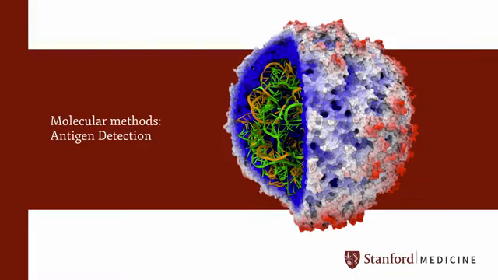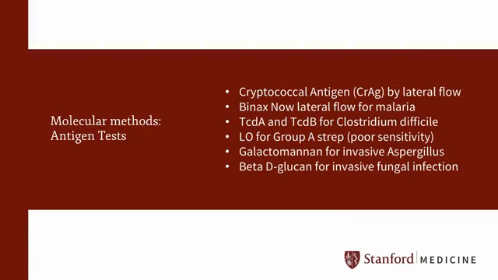In the past decade, clinical microbiology laboratory has been revolutionized by molecular methods which allow pathogen detection, identification, and even antimicrobial susceptibility testing all in minutes to hours. For example, antigen tests with lateral flow assay, such as the cryptococcal antigen test and Clostridium difficile rapid membrane enzyme immunoassay, allow rapid detection of these pathogens in blood and stool.